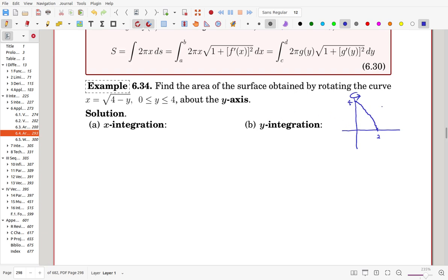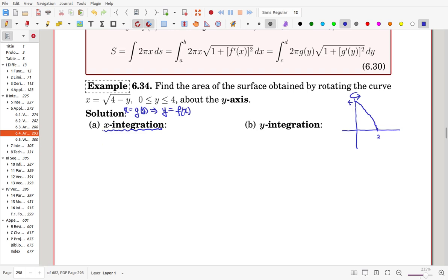And here, if we want x integration, then this is now in the form x equals g of y. From this one, you have to get the y equals f of x format if we want x integration. So let's do that.